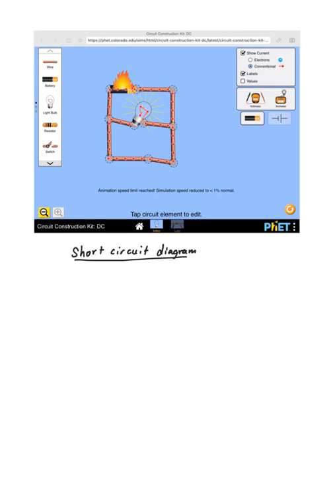A diagram for a short circuit might look like this. Some electrical source, like a battery, is connected to, say, a light bulb down here.